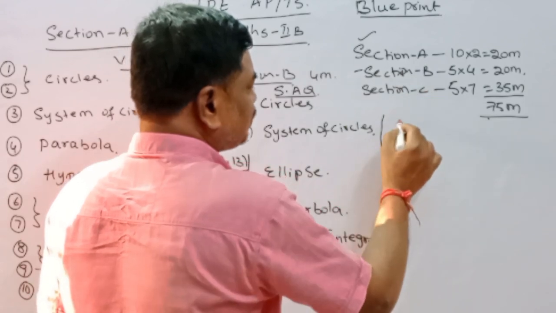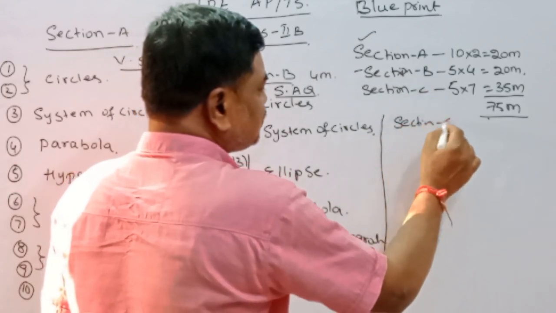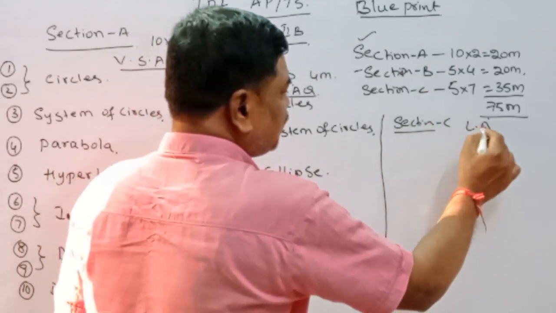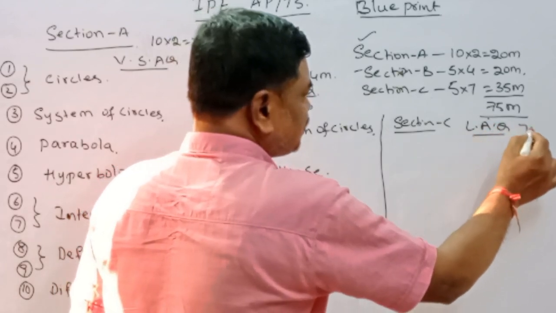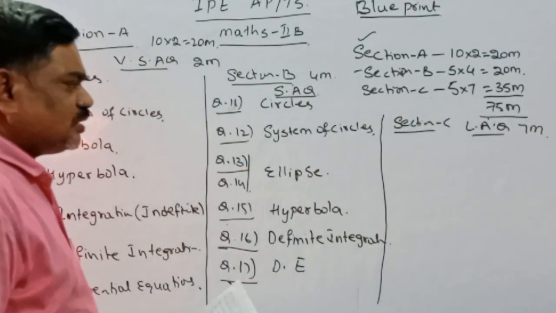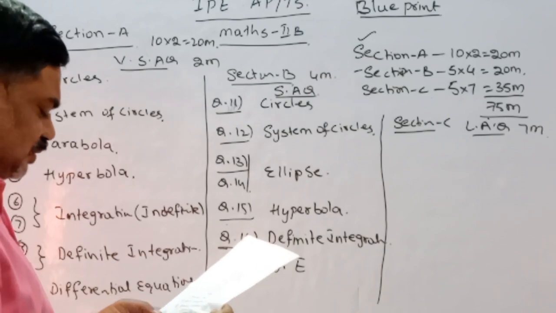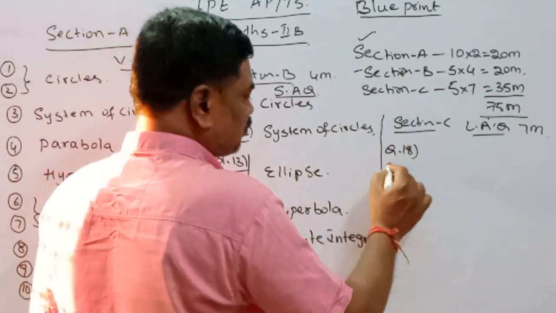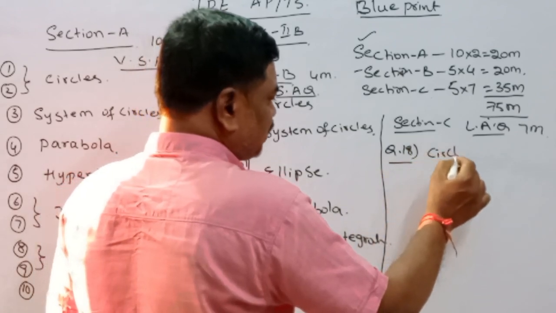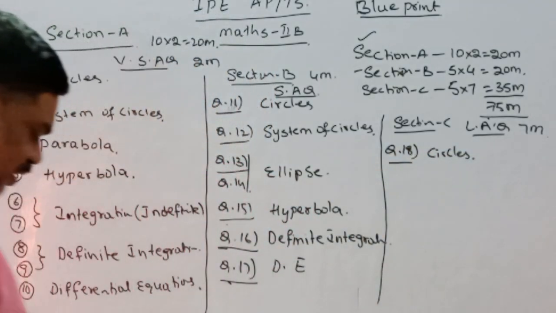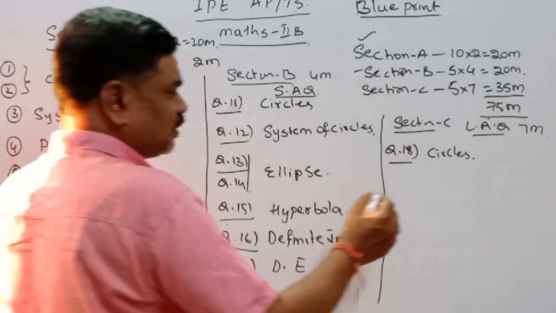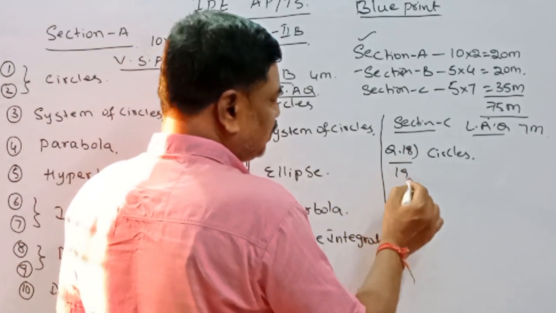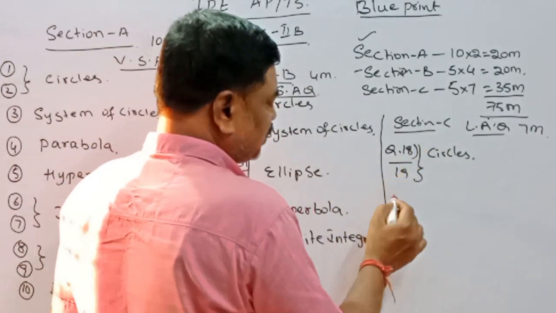Here, section C has long answer questions. Each question carries 7 marks. Question number 18 and question number 19 are from circles.